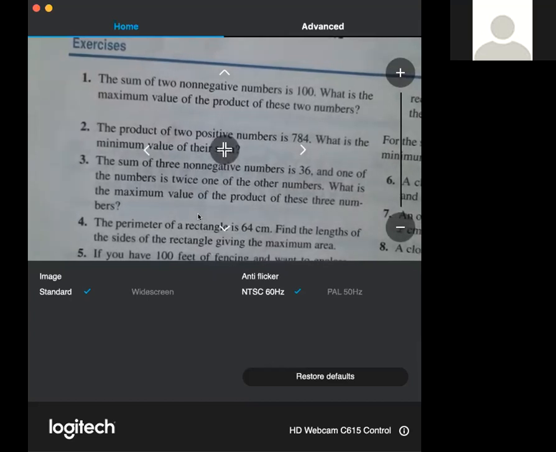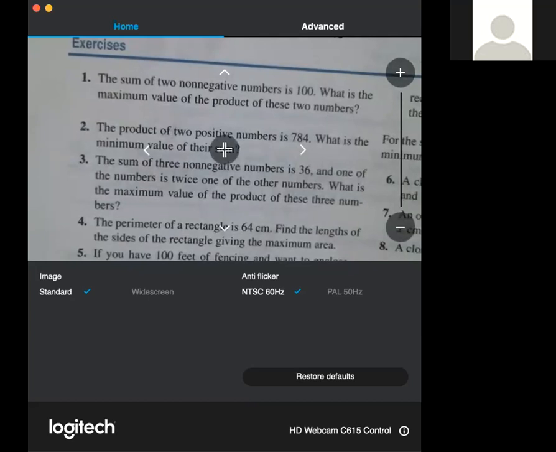The second one, maybe I'll do tomorrow as a practice problem. But the first one is the sum of 2 non-negative numbers is 100. What's the maximum value of the product? Have that in your head, and then I'm going to go over to my iPad.